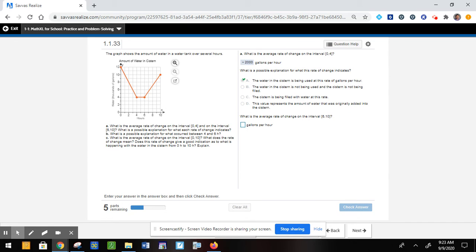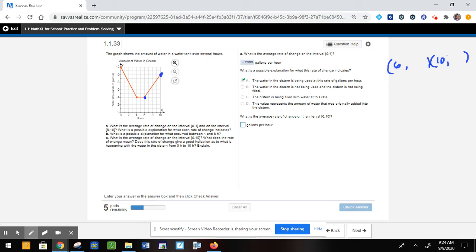Okay. What is the average rate of change on the interval 6 to 10? We're basically going to do exactly what we just did for the first part. So we're going to find the slope. Now we're specifically talking about from 6 up to 10. So my x coordinates of my two ordered pairs are 6 and 10.